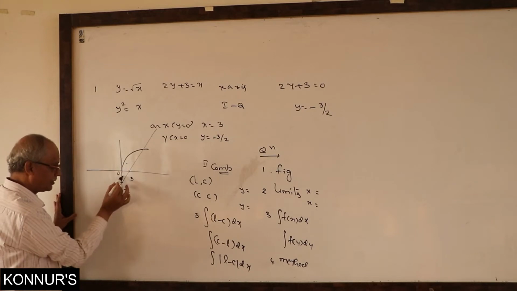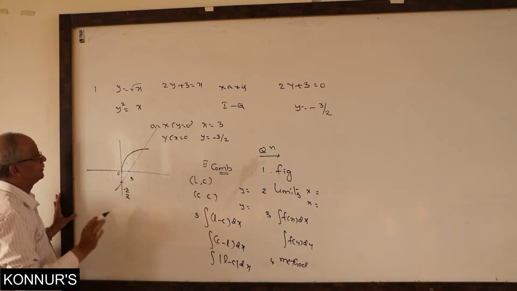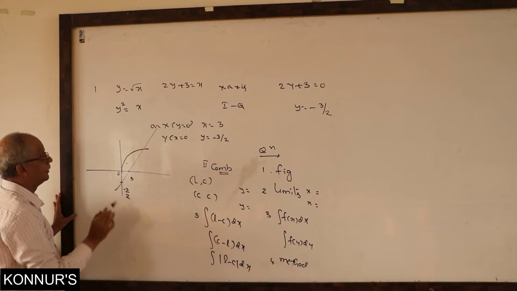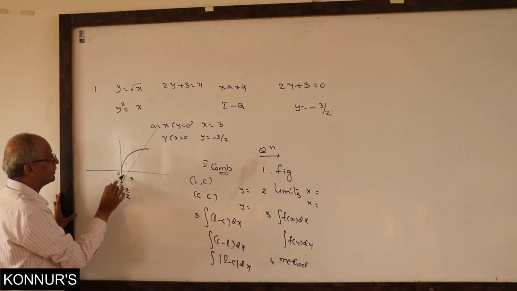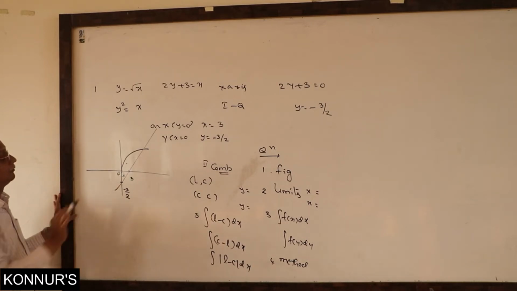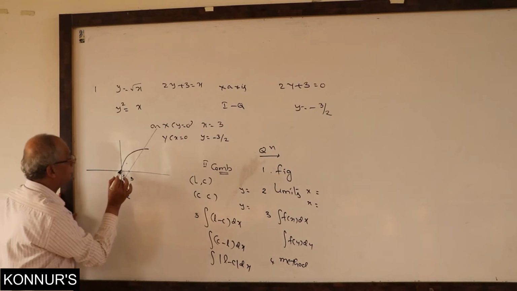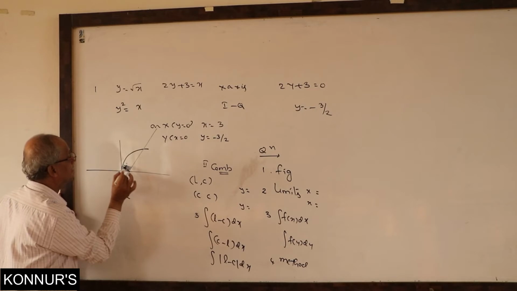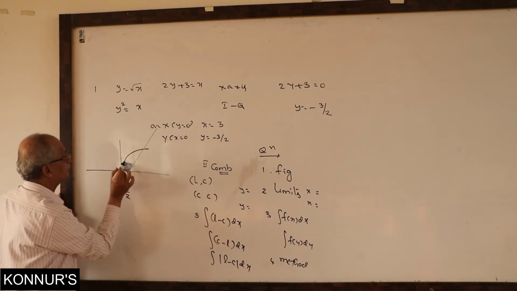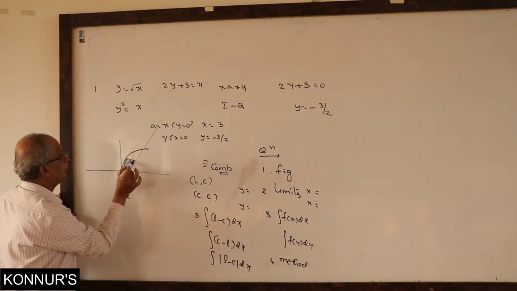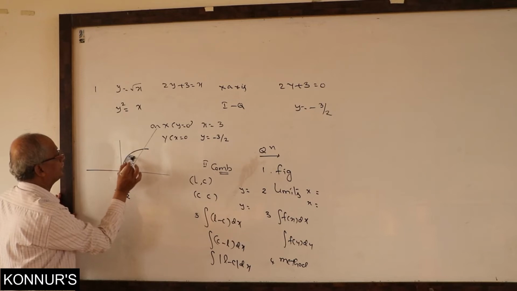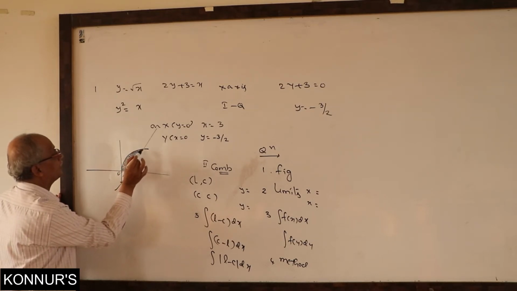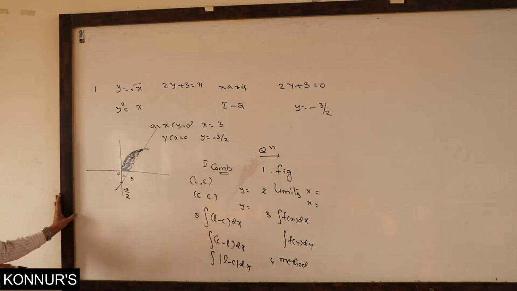This plus this. But he is not asking. The negative x-axis is not important. Only the first quadrant. That means what is our region? This is our region. I am shading to understand. Later on, shading is not necessary. This is our area. But how will you integrate it?